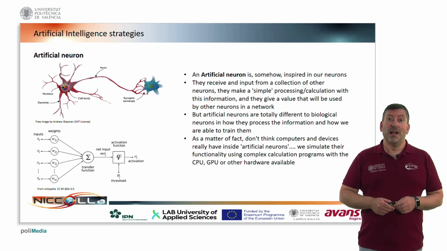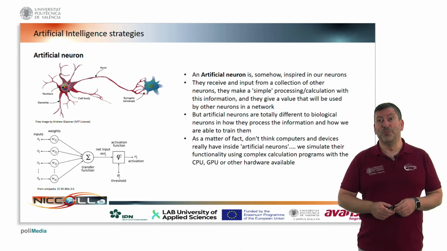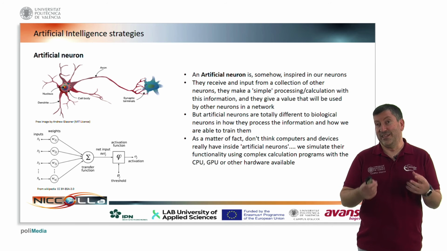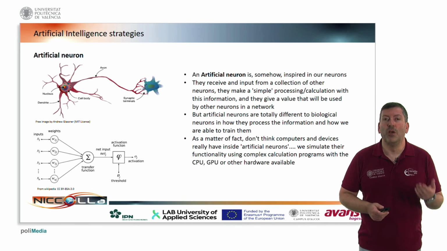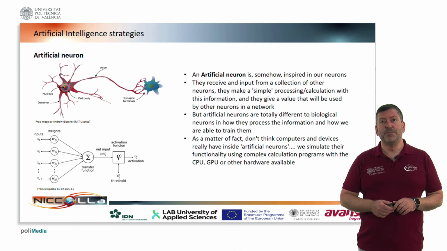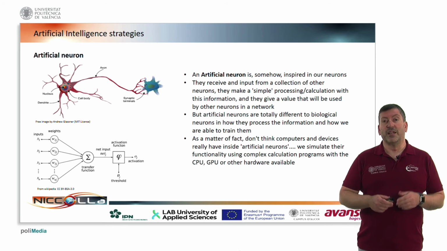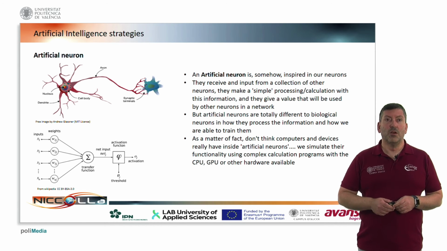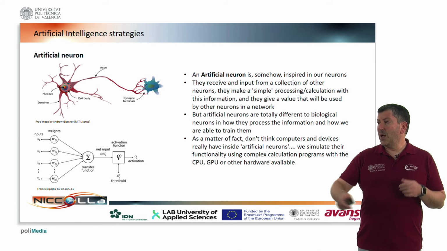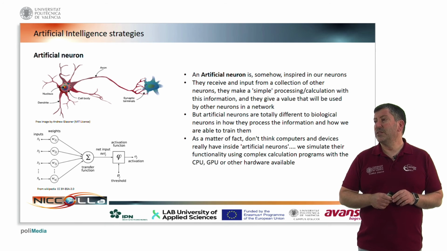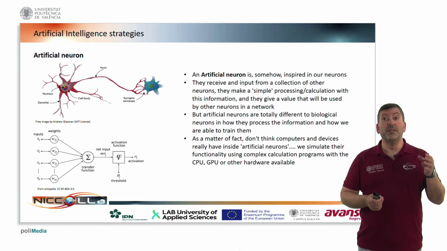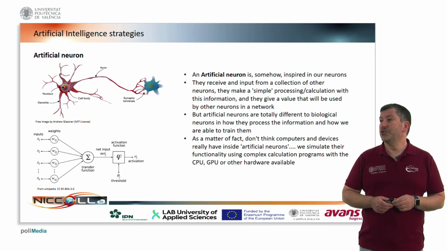As a matter of fact, don't think that computers and devices really have artificial neurons inside. We simulate, of course, their functionality using complex calculation programs with the CPU or the graphics processing unit or other available device hardware. Okay, so basically what we use is what you have at the bottom of this chart, where a neuron is just receiving some inputs that can be the pixels of the X-ray image.